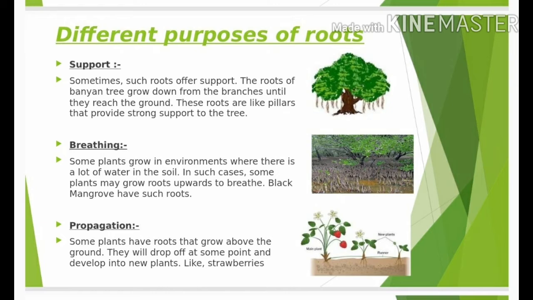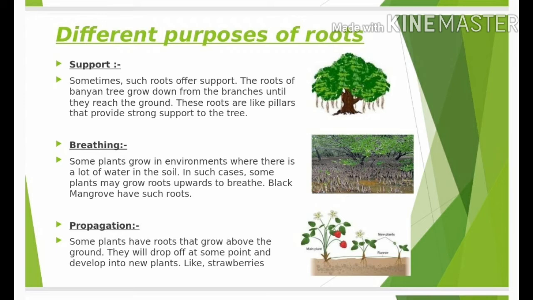Different purposes of roots. As we already discussed, roots are very important for a plant and roots serve different types of purposes for the good growth of the plant. First one, we will talk about support.